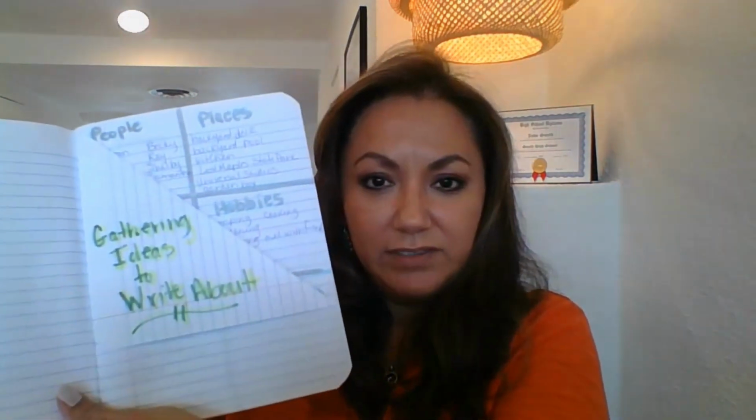And so today's lesson, I'm going to go over a little bit about what we've done in the past, our previous lessons. We talked about setting up a Writer's Workshop journal, a little bit about organization. One of the lessons we talked about was gathering ideas to write about, and another was front loading, in which we used some mentor texts, so some books in the genre of which we'll be writing.